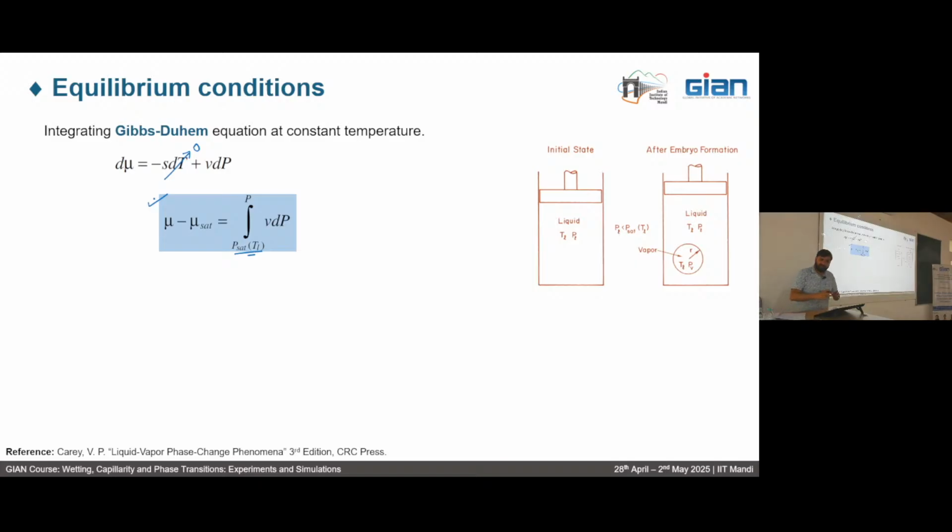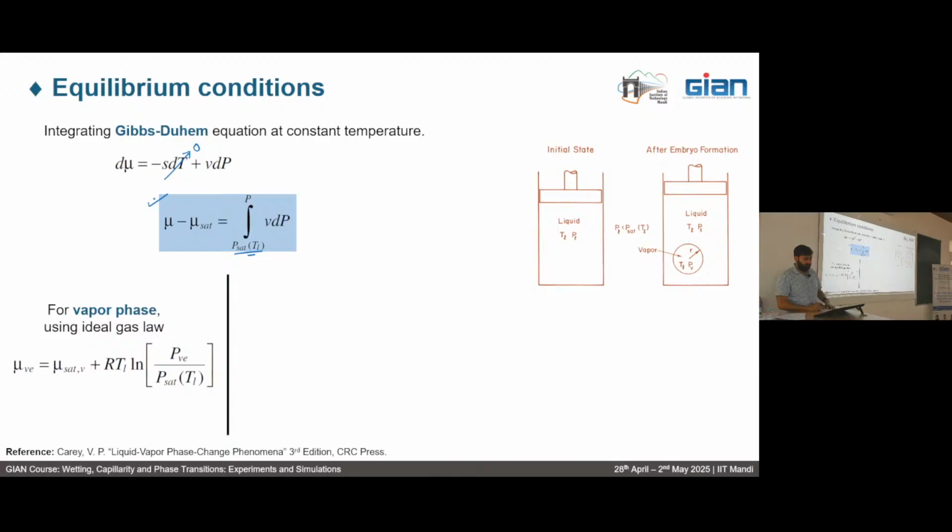Now we know that in our system we have both vapor and liquid. So let us find out what would be the mu for the vapor phase and what would be the mu for the liquid phase. Here we are assuming that the vapor follows the ideal gas law.